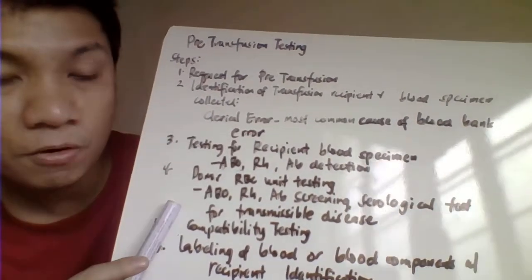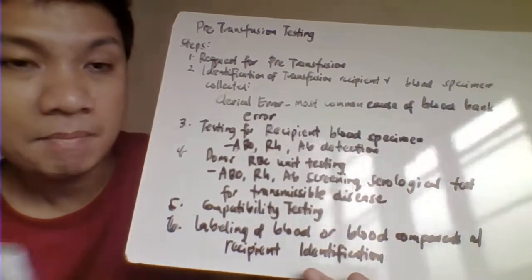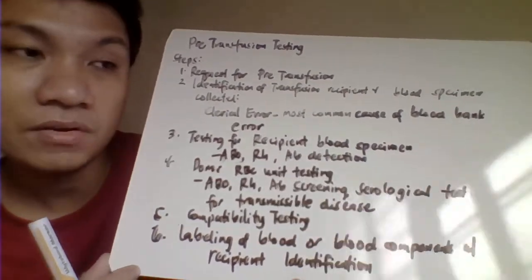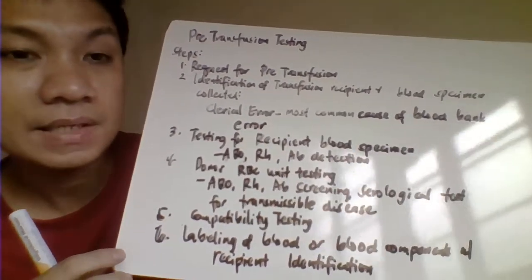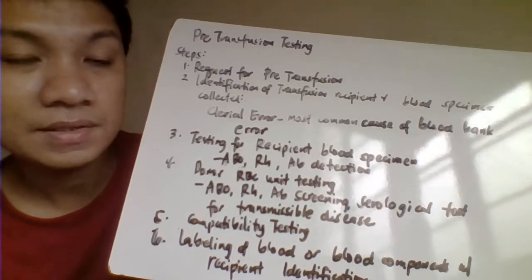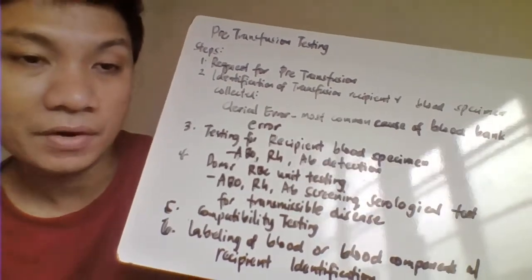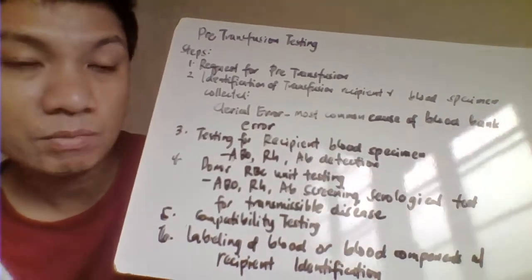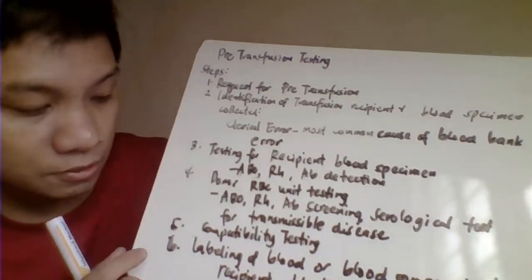Also perform ABO, also perform the Rh typing, also perform antibody screening, and of course, serological tests for the presence of transmissible diseases. That includes tests for malaria, syphilis, hepatitis B, hepatitis C, and HIV, which are transfusion-transmitted infections.